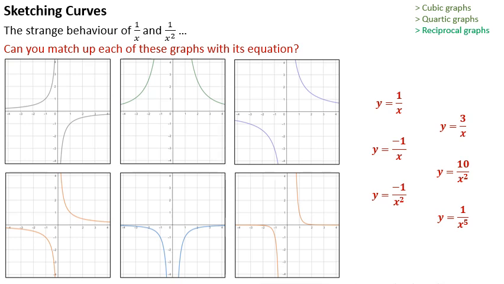Now, the 6 examples I've got here are some of the more fundamental types of these. It's possible to have y equals 1 over x plus 7, for instance, in which case the process of substituting in x equals 0 to find a y-intercept or substituting y equals 0 to find an x-intercept will work if there are x or y-intercepts to be found.